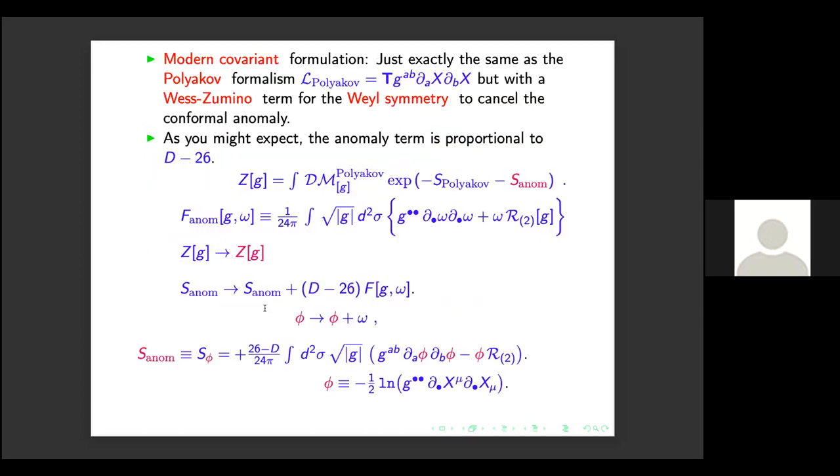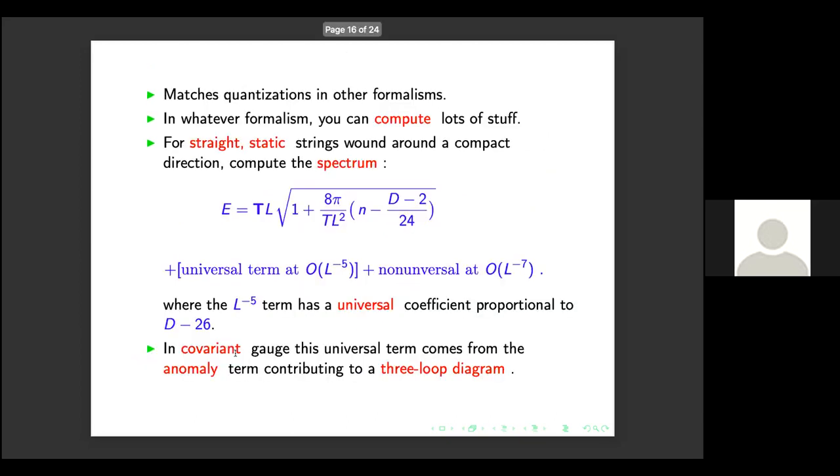In the modern covariant formalism, somehow the easiest to use once one knows it's equivalent to everything else, it's just the same as the Polyakov formalism, but with an anomaly term to cancel the conformal anomaly. As you might expect, this anomaly term is proportional to d minus 26, so it vanishes in the critical dimension, but the theory can be quantized in any dimension. And again, it matches quantizations in other formalisms, including static gauge.